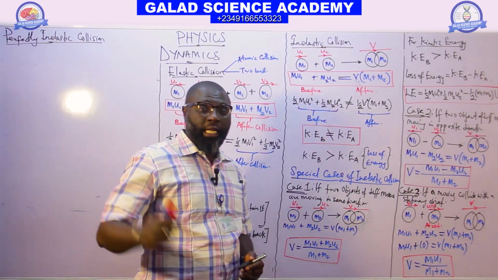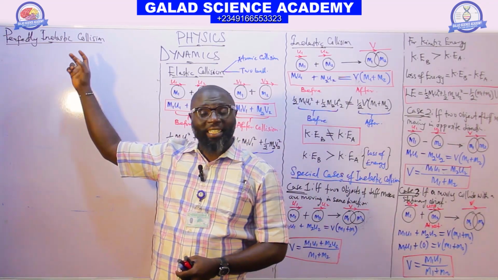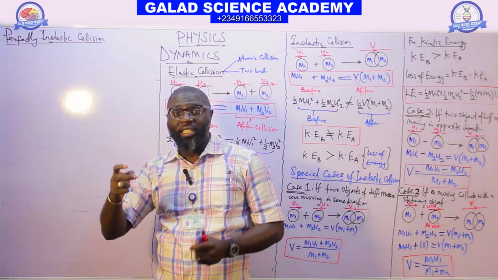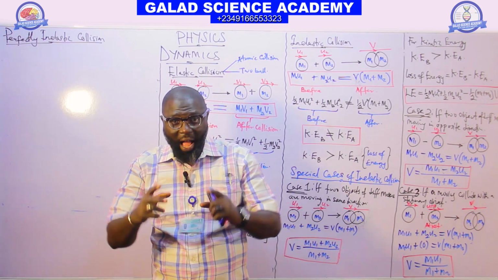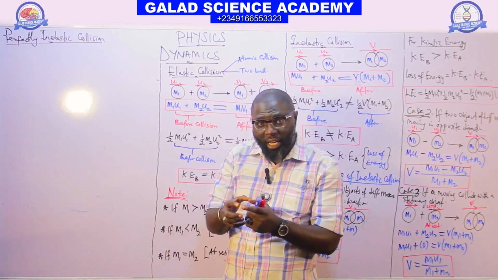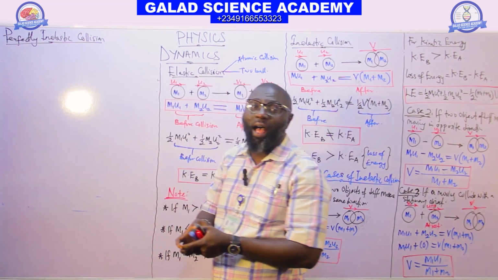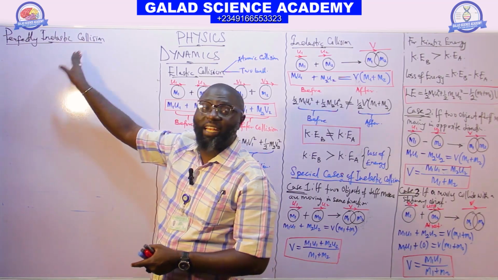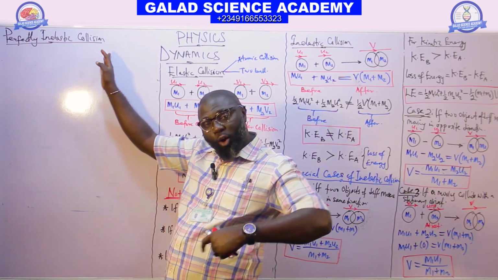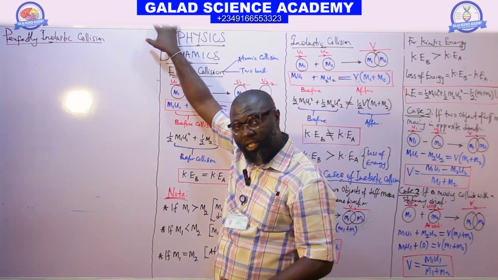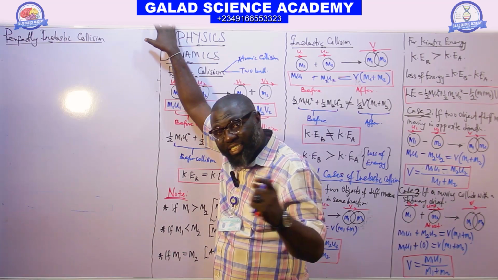A perfectly inelastic collision is a kind of collision in which the kinetic energy of the colliding bodies after collision is equal to 0, and the bodies stick together after collision and remain at rest.